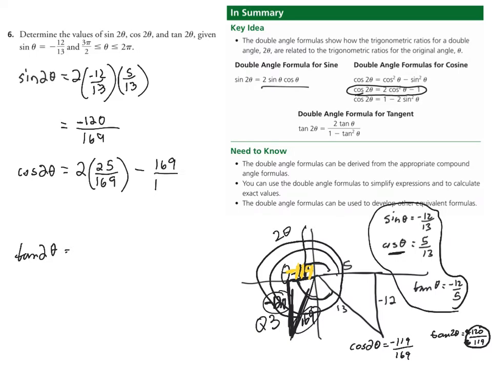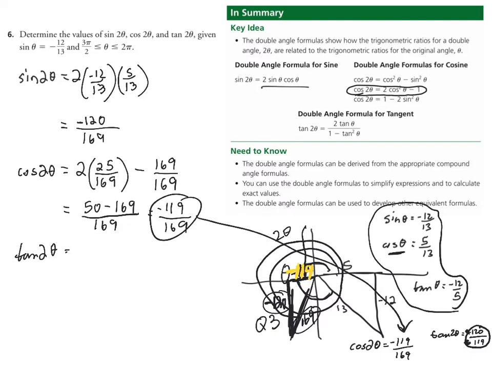Get a common denominator. So 169 over 169 is 1. So this is 50 minus 169 over 169, which is equal to negative 119 over 169. Let's check over here. What do you know? We were correct.